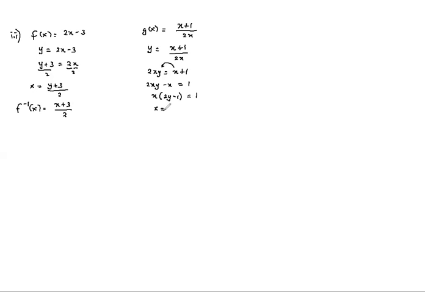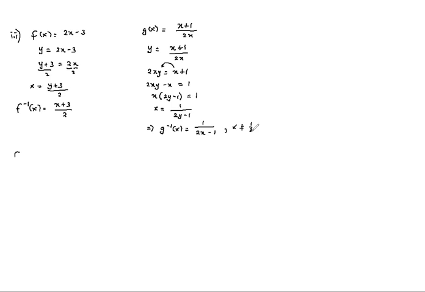Then solve for x, you get y over 2y minus 1. So that you have g inverse of x is equal to x over 2x minus 1, provided x is not equal to half.